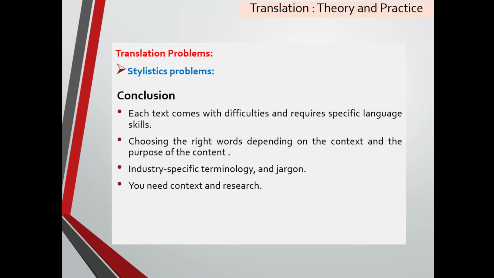Whether you need to translate official style, newspaper style, literature, or medical content, each text comes with difficulties and requires specific language skills. So choosing the right word depending on the context, the style of language used and the purpose of the content is an art that translators must work hard to master, and they can master it over years of working in the industry of translation.